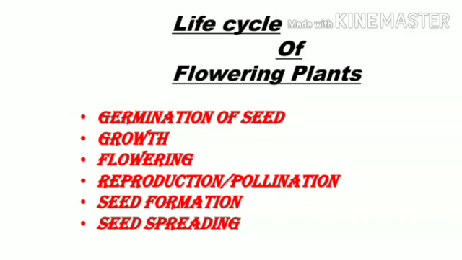Now we are going to see about the life cycle of a flowering plant. The major stages of the flowering plant are germination of the seed, growth, flowering, reproduction, that means pollination, seed formation, and seed spreading.